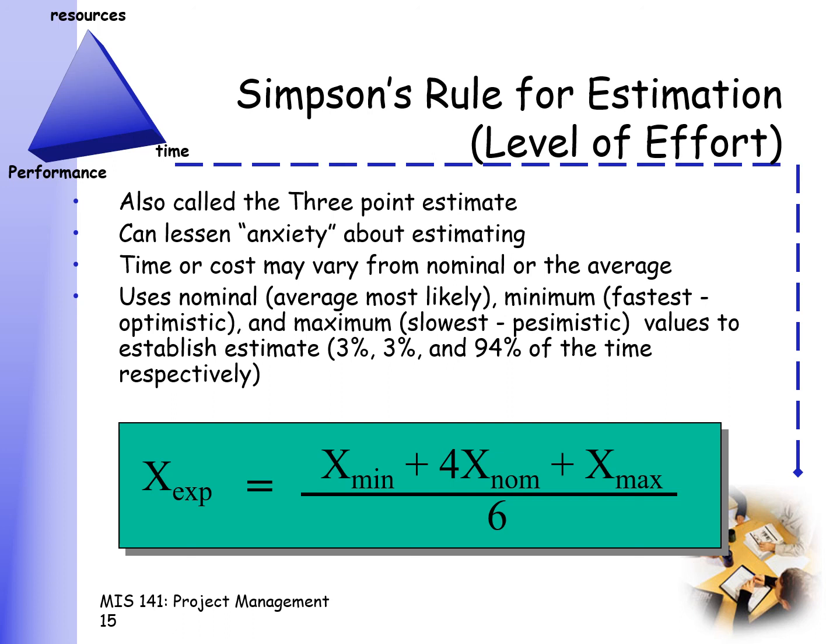Now, first question, where did we get the 4 and the 6? The 4 is based on the research, and 6 is because you have 6 points to average. You have one data point for the minimum, one data point for the maximum, and 4 data points for the nominal. So all in all, you have 6 data points. That's why you divide everything by 6.